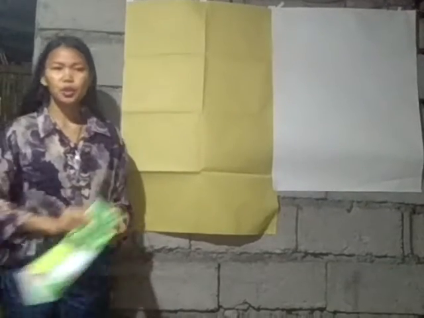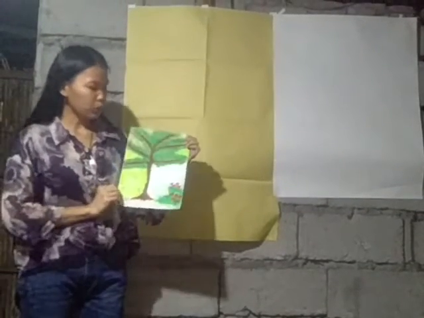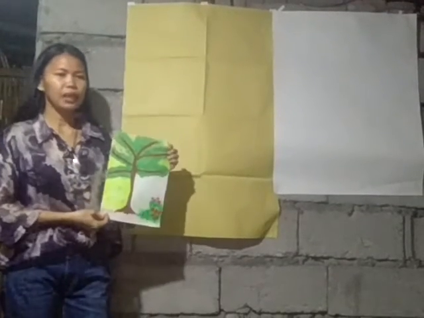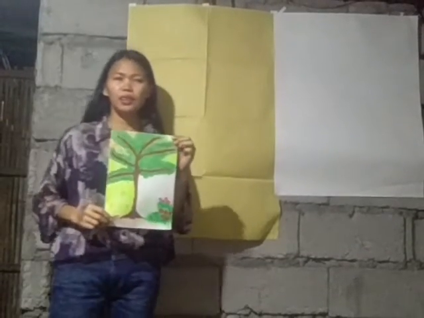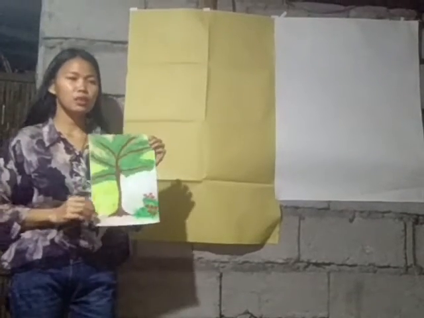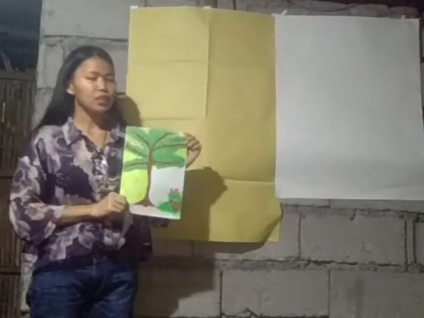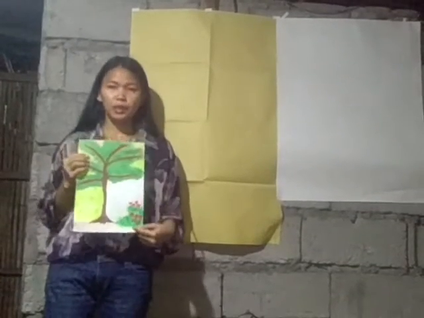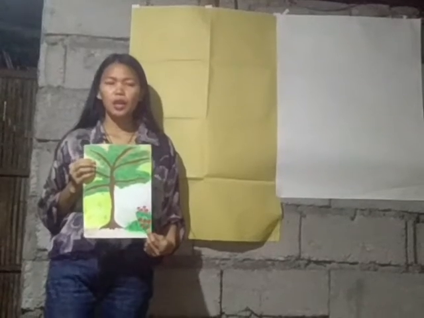Now I have here a picture. What do you see in this? Yes, this is a plant. And what do you think causes a plant to grow? And what causes a plant to die? Yes. And how does a plant propagate or reproduce?